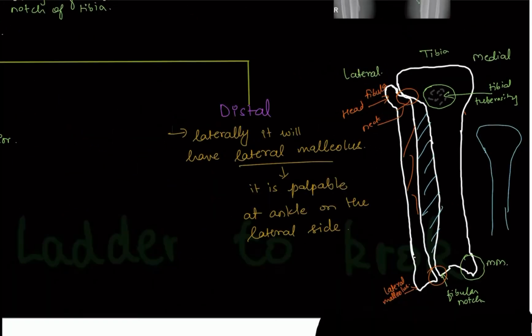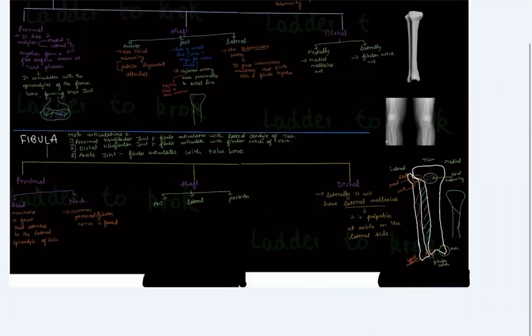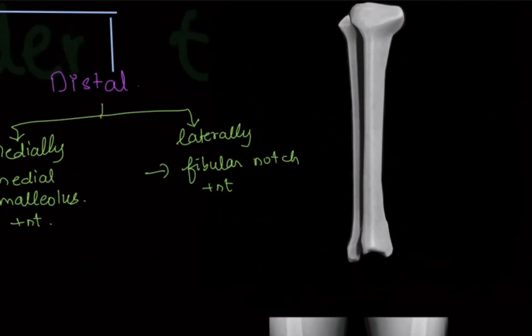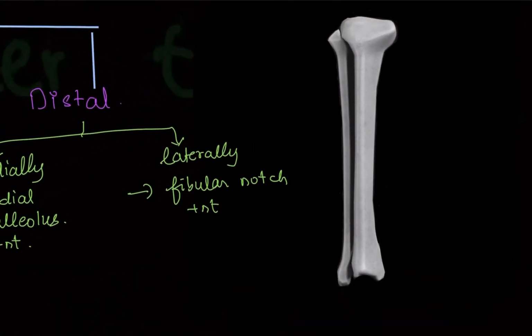Okay, that's it. And if you look at the tibia from the posterior side, you will see the soleal line, which gives origin to the soleus muscle. Now look at this tibia and fibula in this picture. Let's name it once again. Above you have the lateral condyle and medial condyle. This protruding structure which you see is the tibial tuberosity.